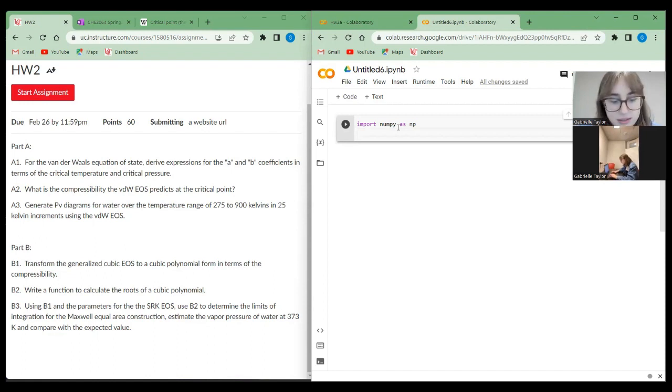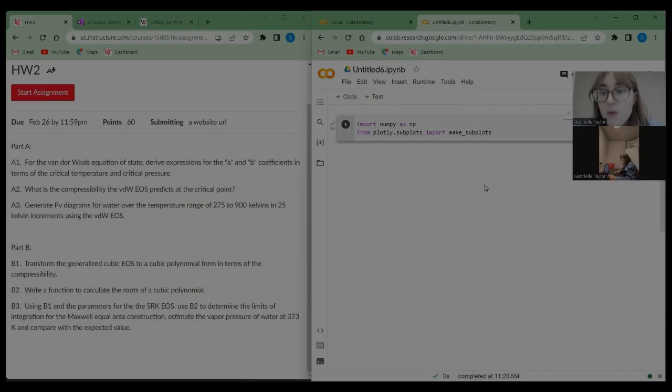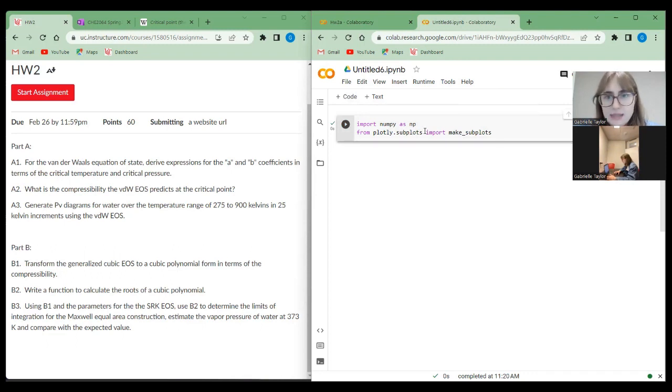So let's say from... So now we have our imports. The next thing we want to do is let's look at our cubic equation of state.